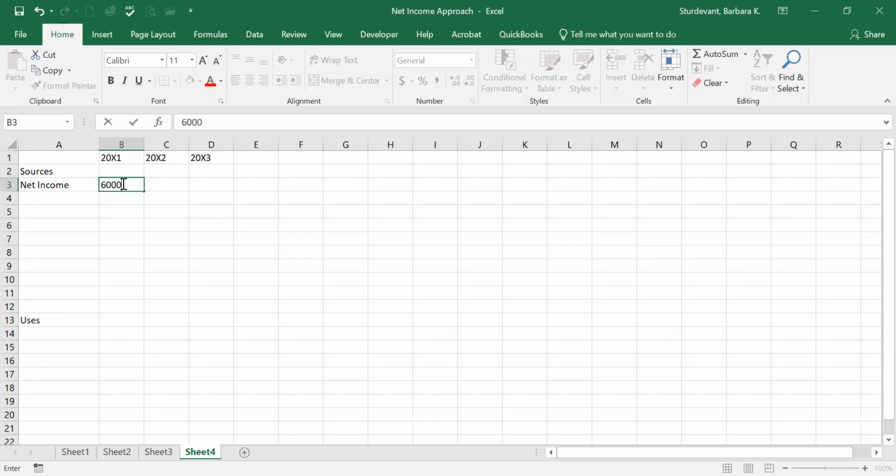So it's 60, 100, and 150. Okay, so what's the first adjustment we make? Depreciation. Okay, and what we do with that?